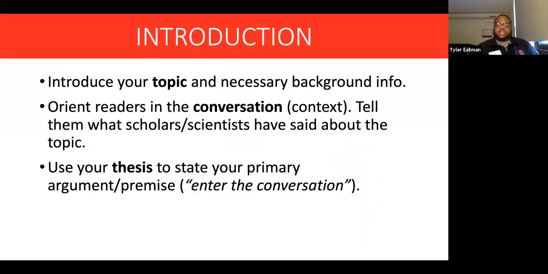So let's start talking about the introduction. So the introduction, introduce your topic and the necessary background information. This can help you with trying to get the reader's attention and seeing what you're actually talking about, and providing some background information about this topic so they have some sense of, okay, what do I need to know in order to continue to read your paper.